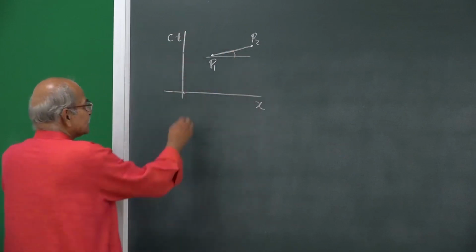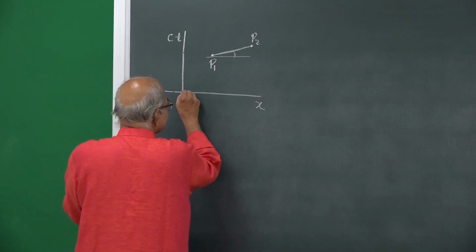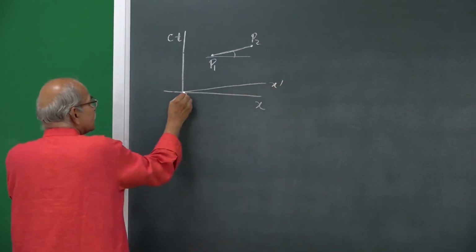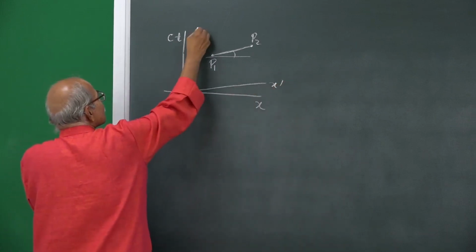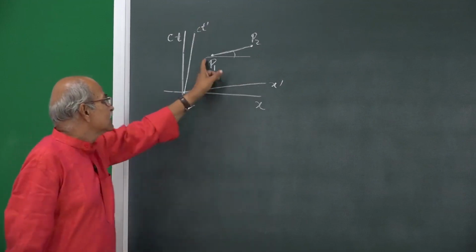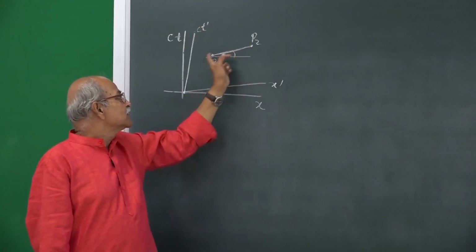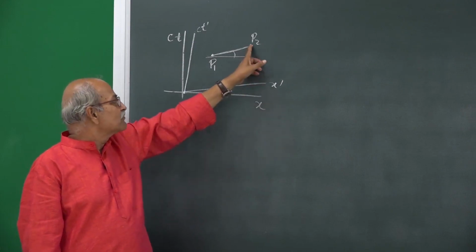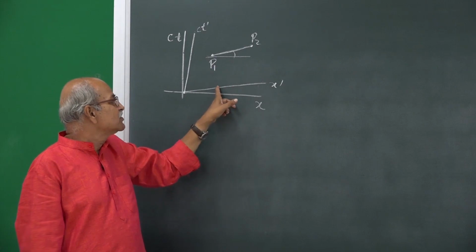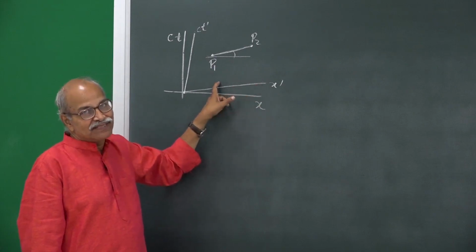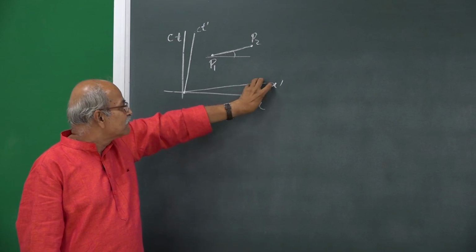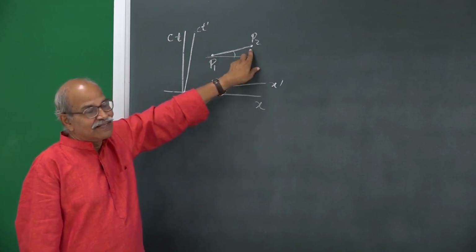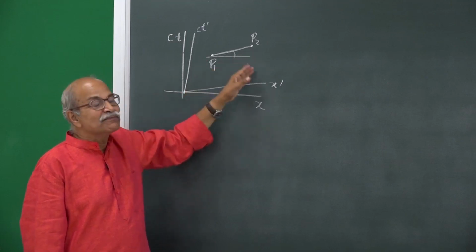So, let us draw that line corresponding to that frame, and this is that line x prime, and correspondingly this is the line ct prime, and here for these two events P1 P2 is parallel to x prime, and therefore, if I am going from here to here, x prime is changing but t prime is not changing. That means, in this particular frame these two events are simultaneous. They are occurring at the same time but at different positions.